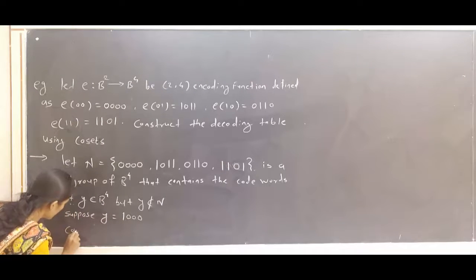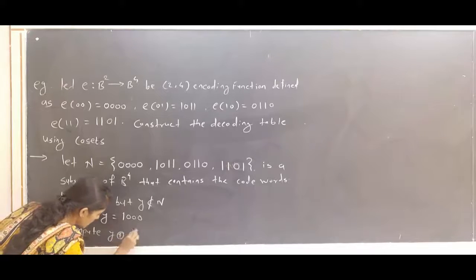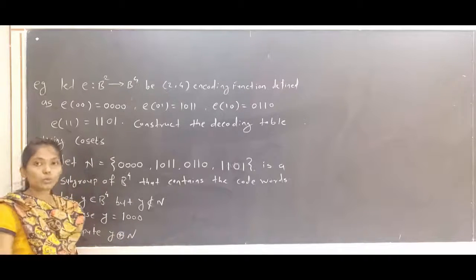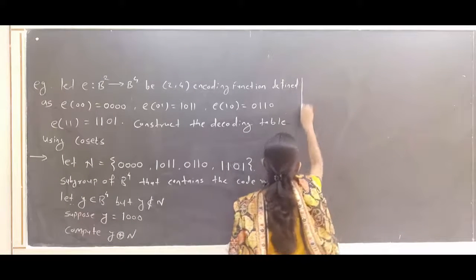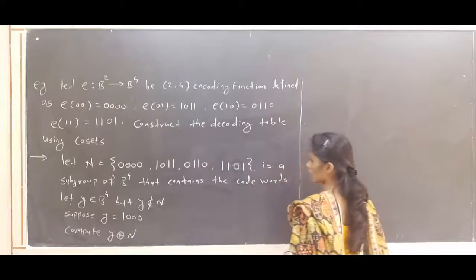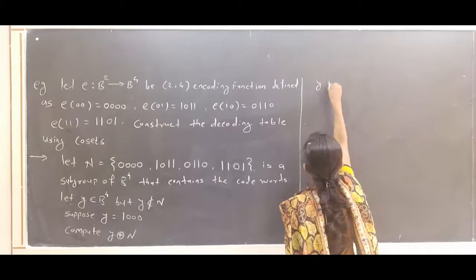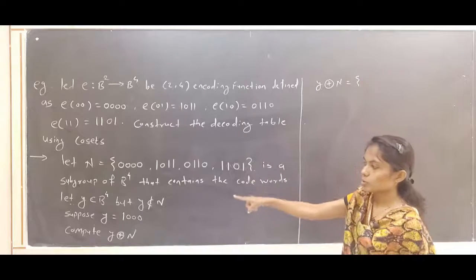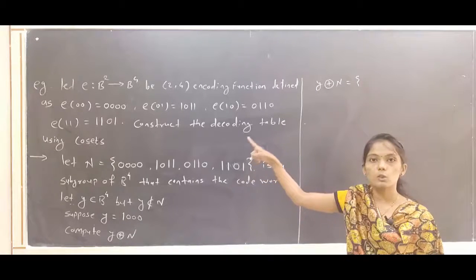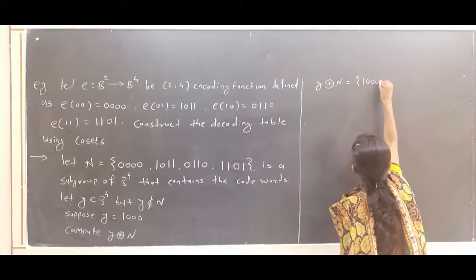Now here compute y ring sum N. After computing it, we get the new left coset. So y ring sum N equals, 1000 ring sum 0000 is 1000.